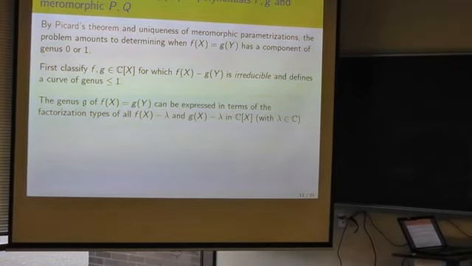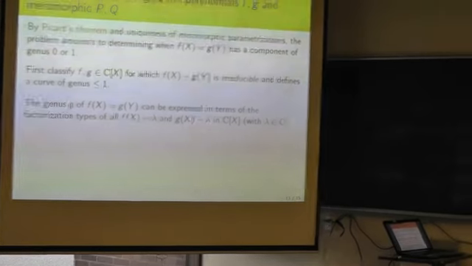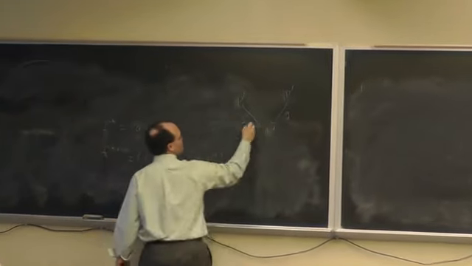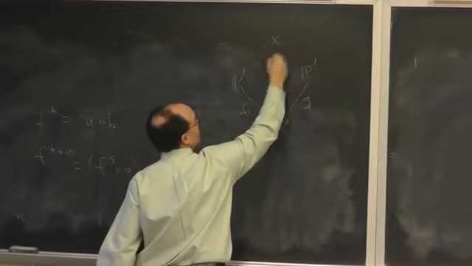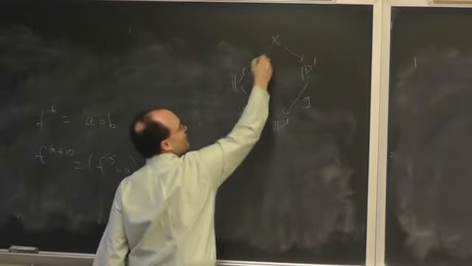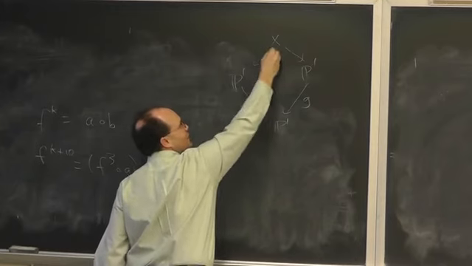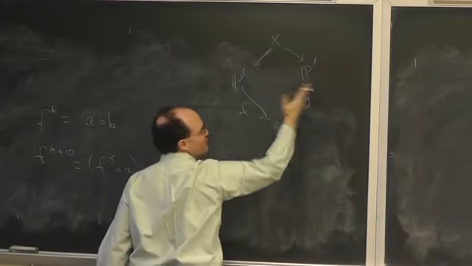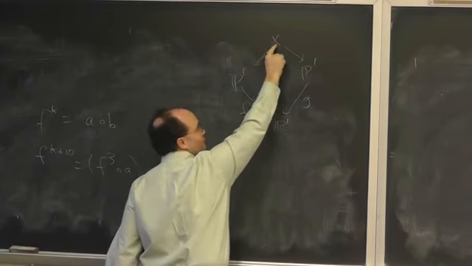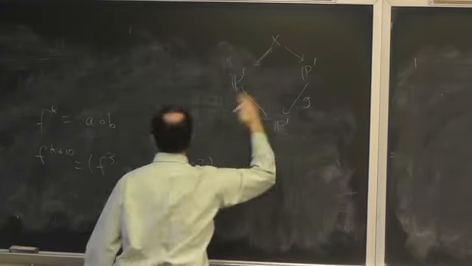The idea is that you can write down the genus of this curve if it's irreducible. The crucial thing with being irreducible is that our curve is the fiber product of these two, which means that we can understand the ramification in this map from the ramification in f and g, and then use Riemann-Hurwitz to get a formula for the genus in terms of the ramification in f and g.